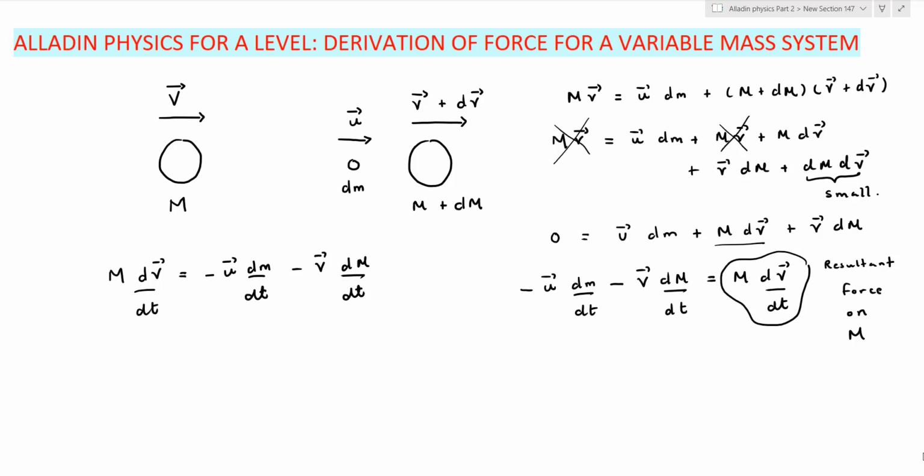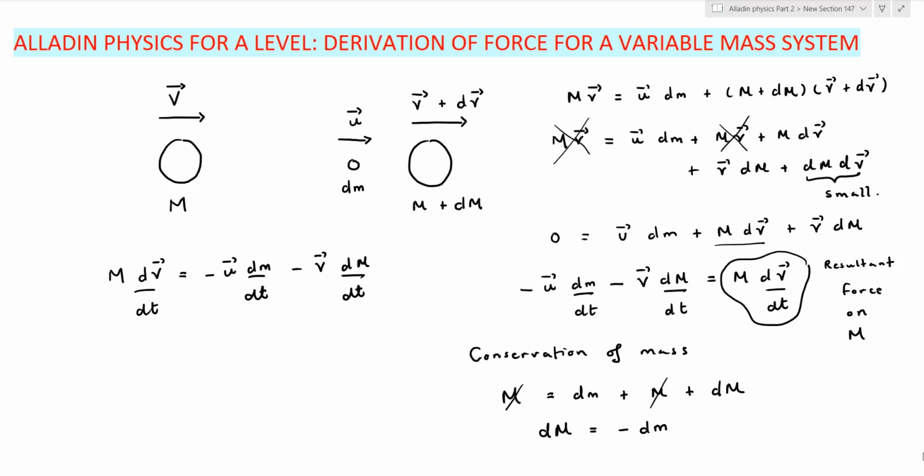Now we can enforce the conservation of mass. Mass also is a conserved quantity. We should have M equal to dm plus M plus dM. So finally we find that the dm cancels, and we find that dM, d capital M, is equal to minus dm.